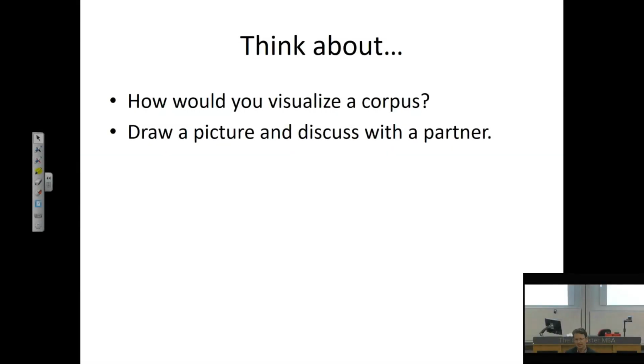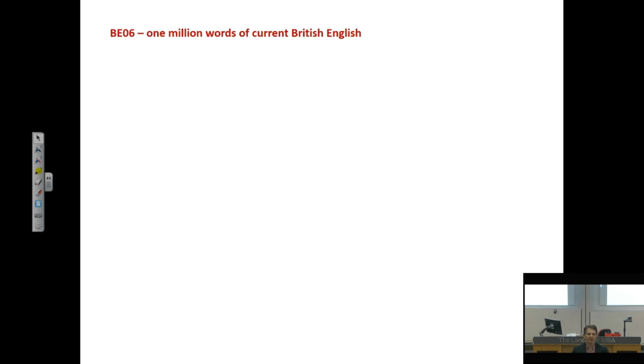Okay, so let me just share some of my ideas and some of the ideas that we were exploring while implementing the data visualization in Langsbox and other tools. Take a 1 million word corpus like BO6 and a 1 million word corpus of current British English. These are texts in a way, so you can picture that as a series of texts.